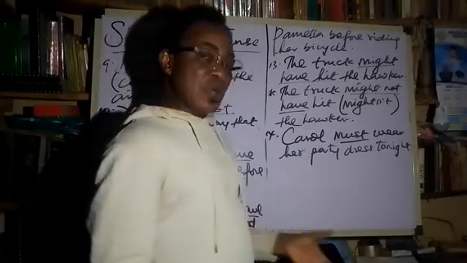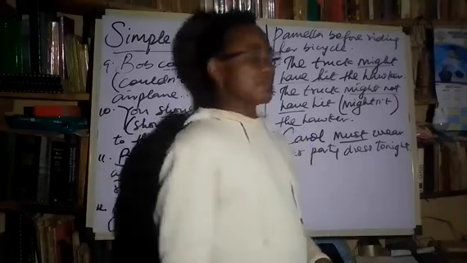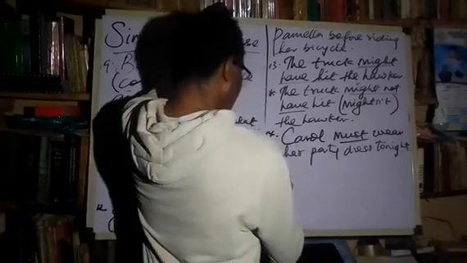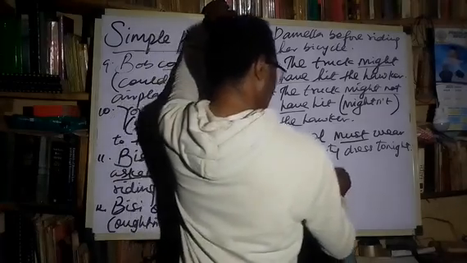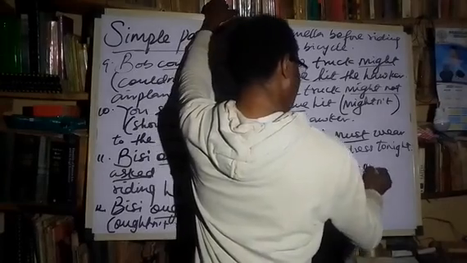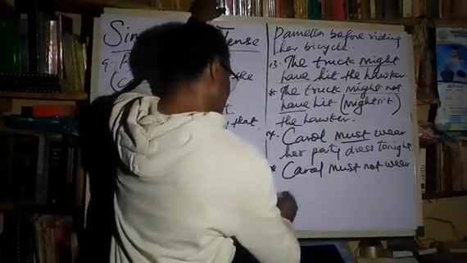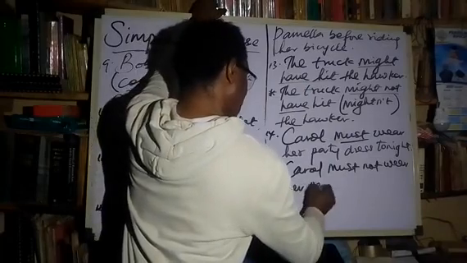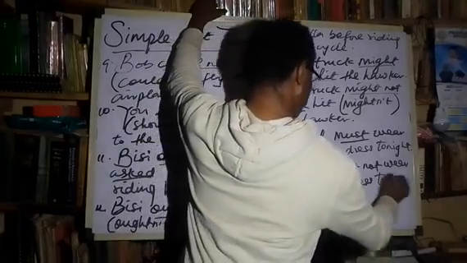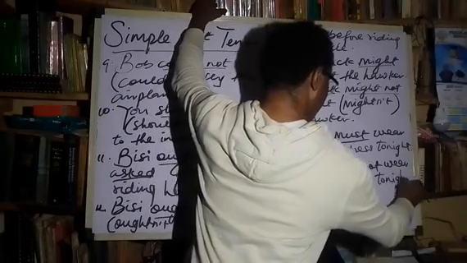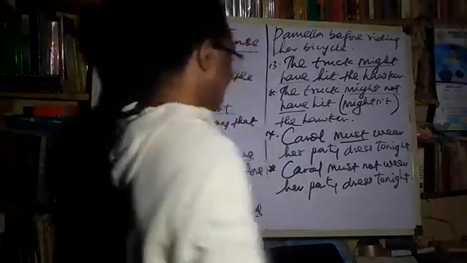And ought is used to say that something or a situation is right or not right. So must in the negative becomes must not. Carol must not wear her party dress tonight.